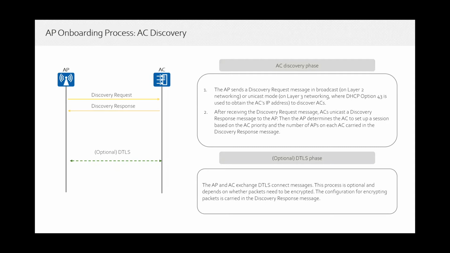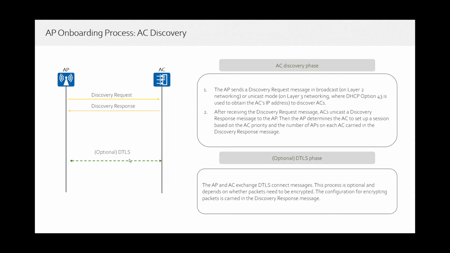And we can also see the optional DTLS here. If DTLS is enabled on the AC, the AP starts DTLS negotiation to establish a DTLS connection with the AC. After the DTLS connection is set up, packets between the AP and AC are encrypted, making transmission more secure.